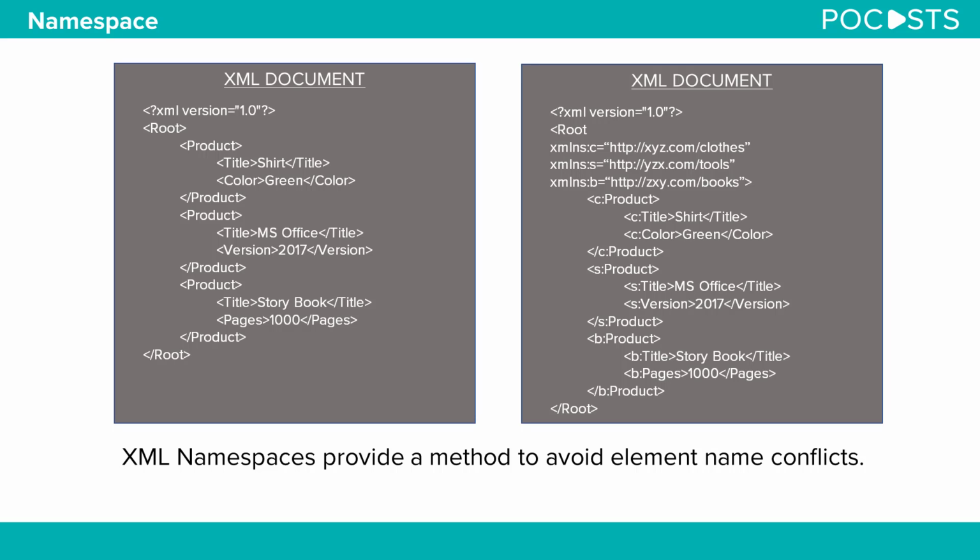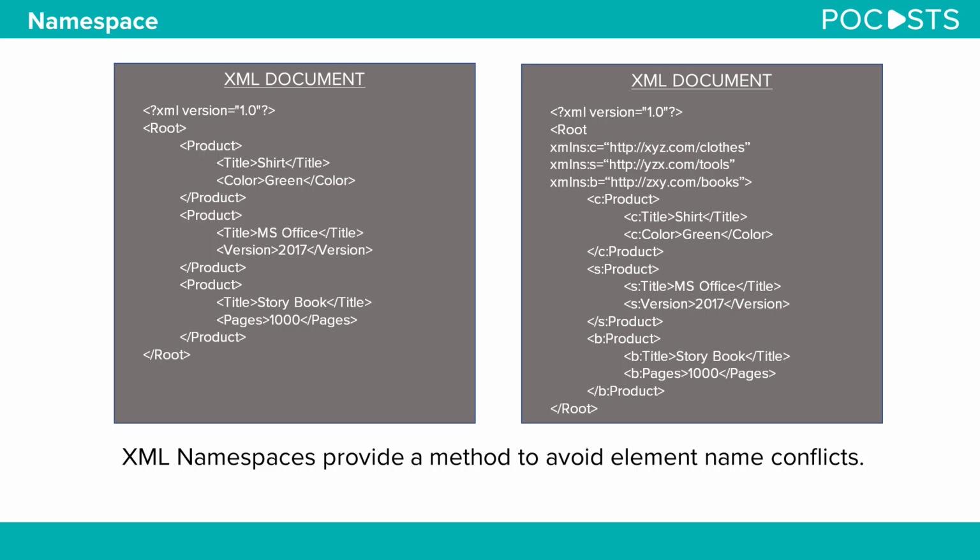I have defined three different URLs here because I have three different categories. With xmlns:c, the c I'm representing is clothes, and with xmlns:s I'm representing tools, or software. The b, the next one, I'm representing with books.